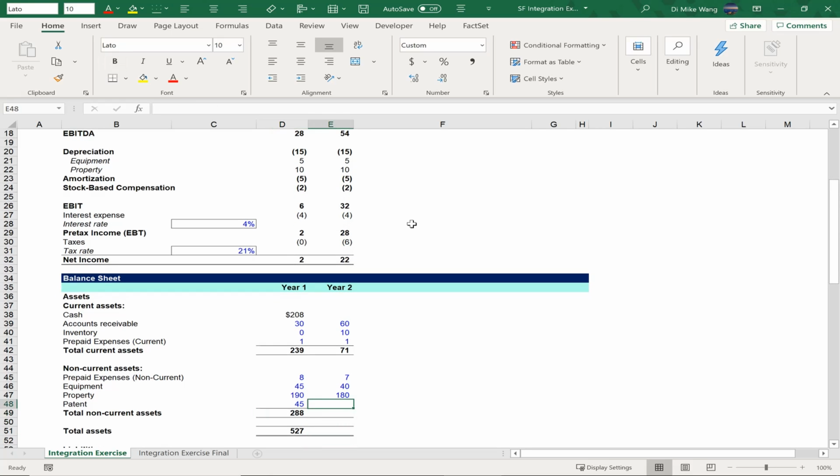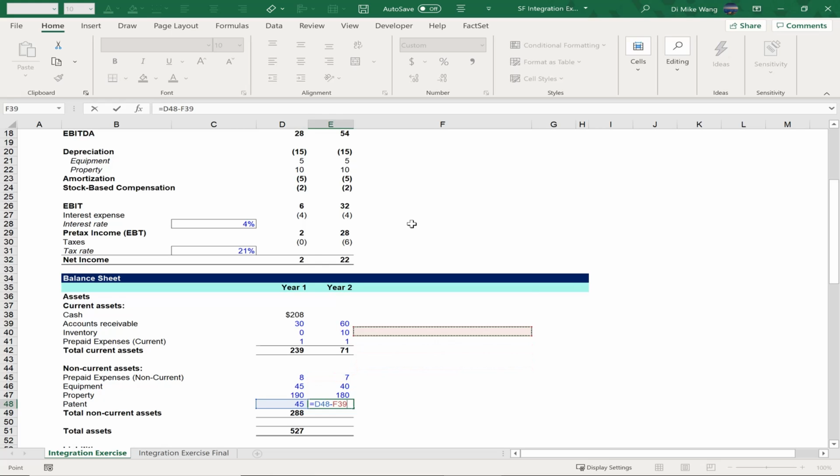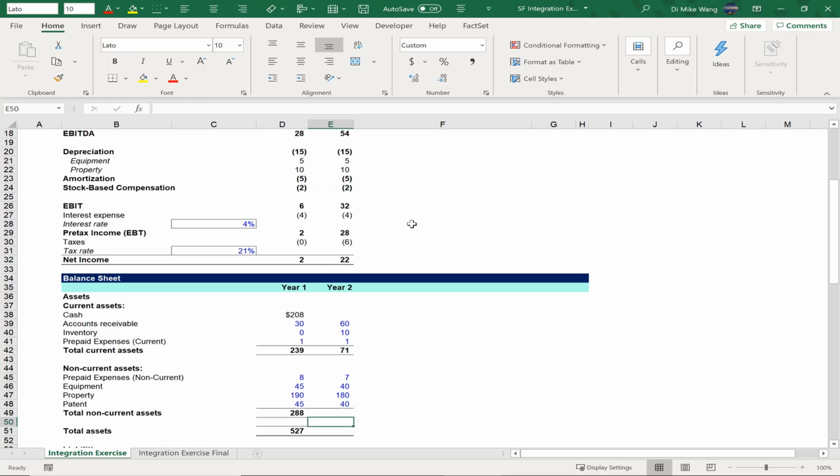Patent is the same. We're going to take the prior year's patent value, which is 45, and we're going to subtract this year's amortization of 5. Okay, so the amortization is a negative value, so we have to add it together. That gets us to a total non-current assets value of 264.